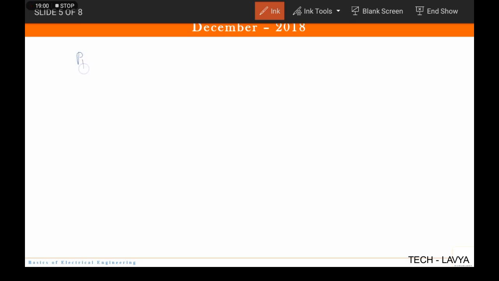So here we have two powers, isn't it? P1 and P2, and we have calculated those powers, right? So if you talk about power, it will be VI cos phi. I will not write V1 because V is constant, but I can write I1 and cos phi 1. Similarly, here V is same, so I will write V, but I is different, so I will write I2 cos phi 2.